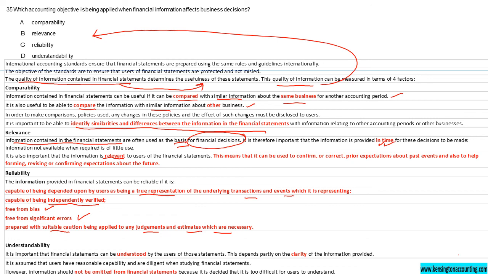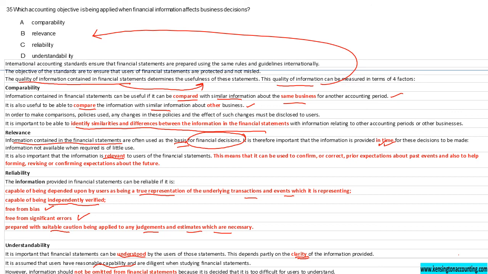Lastly, for understandability, the information provided in the financial statements should be presented in such a way that it could be easily understood by the users. The information should have clarity. And lastly, simply because some information is difficult to understand doesn't mean it should be omitted because of its difficulty.